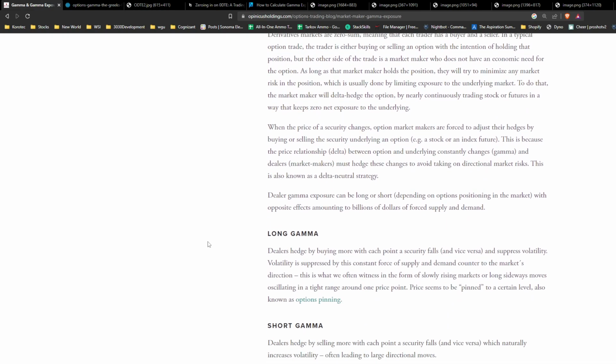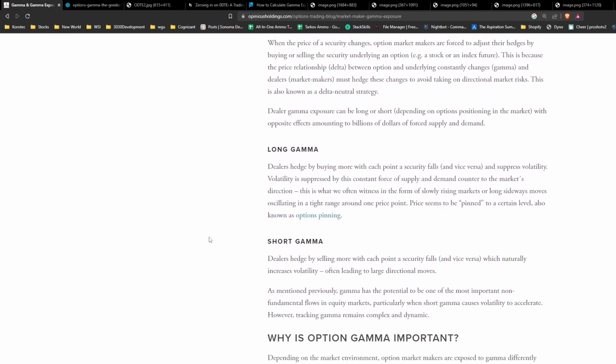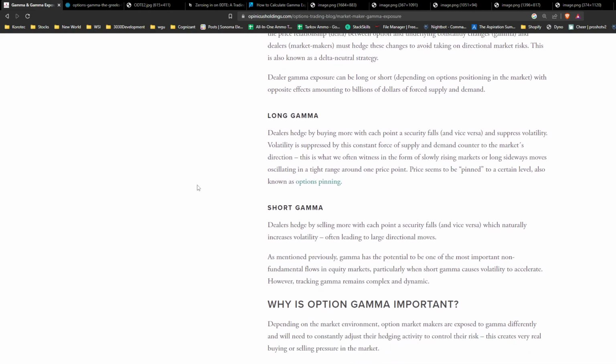So part of talking about gamma is I build these charts, and we see that there is positive gamma and there's negative gamma. Whenever you look at the documentation for gamma, you're going to see a lot of long gamma, and you're going to see a lot of short gamma.